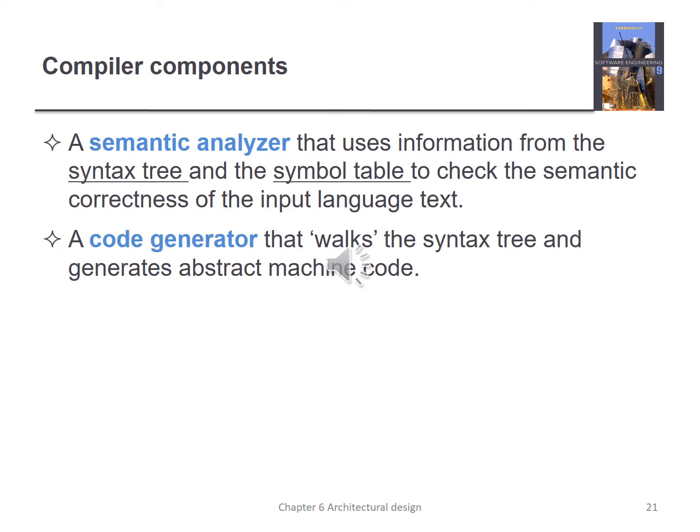Another component is the semantic analyzer, which uses information from the syntax tree and the symbol table to check the semantic correctness of the input language text, the logic of it. And finally, the code generator works from the syntax tree and generates abstract machine code.